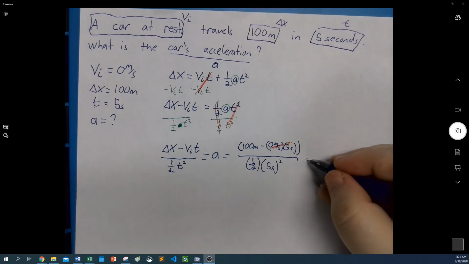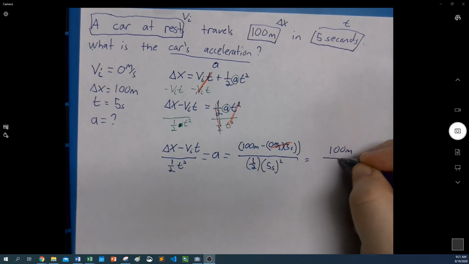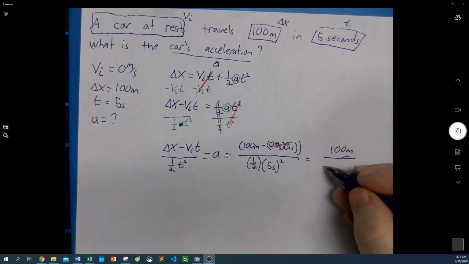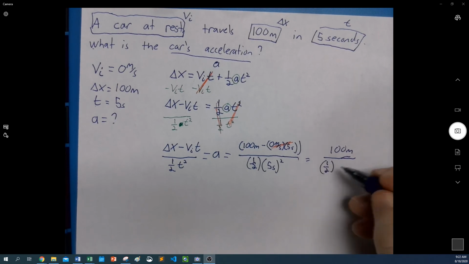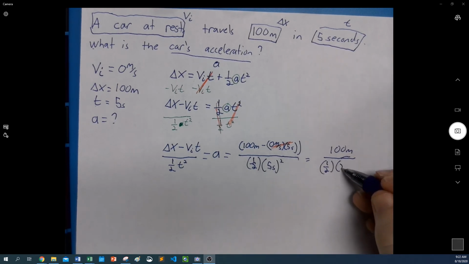So I'm left with 100 meters on top divided by 1/2 times 5 seconds squared, which is 25 seconds squared.